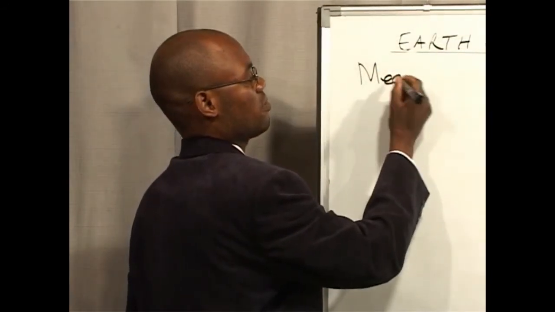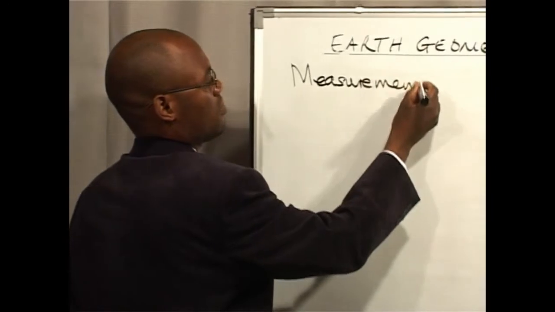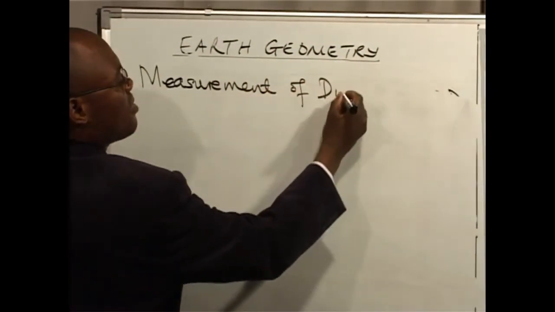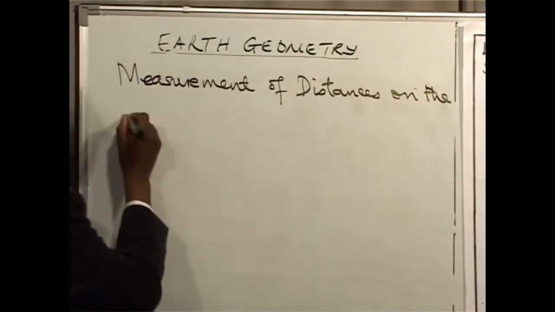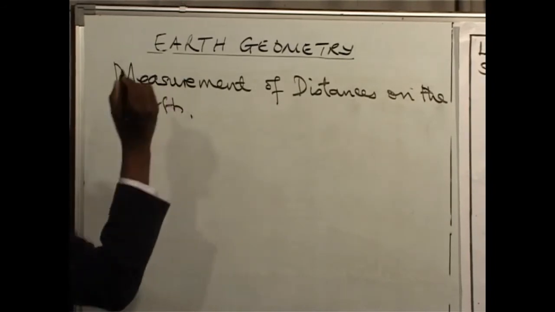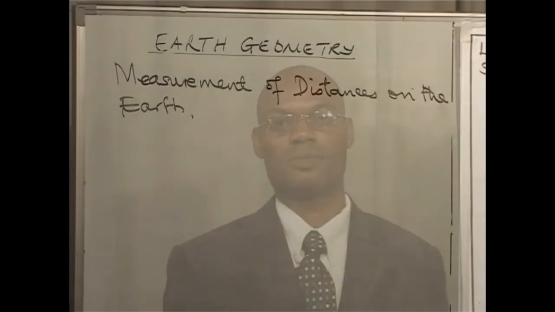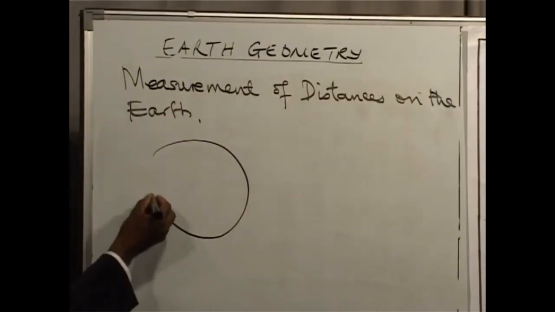On the conversion of minutes to degrees as well as the circumference of the Earth, we'll say that measurement of distances on the Earth, since the Earth is a perfect sphere, in 2 dimensions we'll consider it to be just a circle, which is a plane figure. So as you can see, this is a circle.